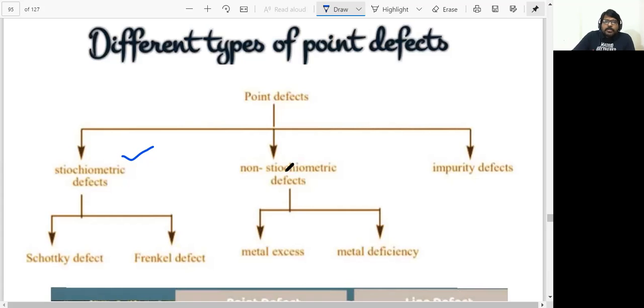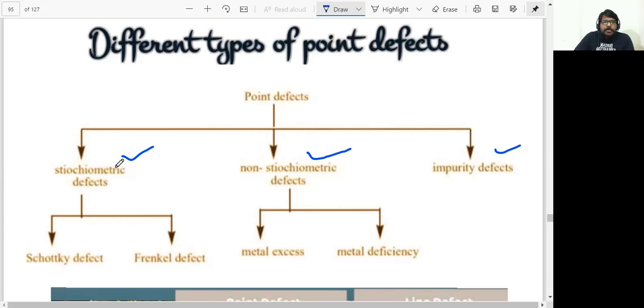And non-stoichiometric defects, because of these kinds of defects, the stoichiometry of the solid is affected. And one more thing we have, that is impurity defects. Even for JEE, we don't have impurity defects. So we have stoichiometric defects and non-stoichiometric defects, but a brief discussion we also have on impurity defects.